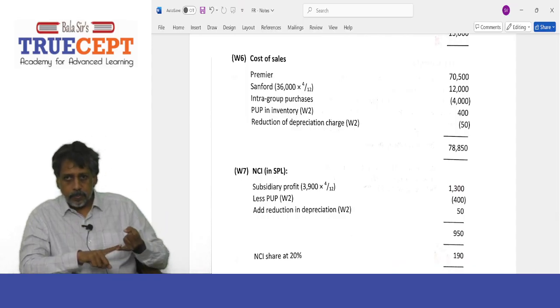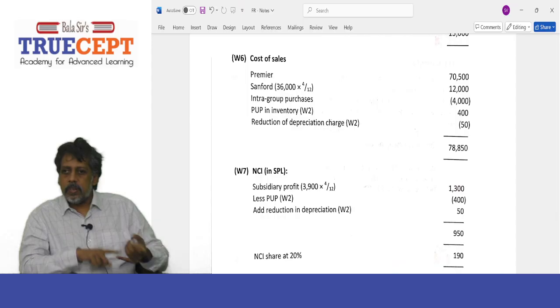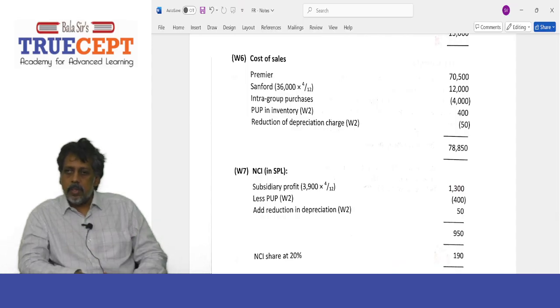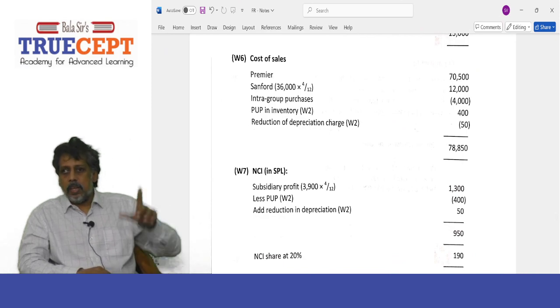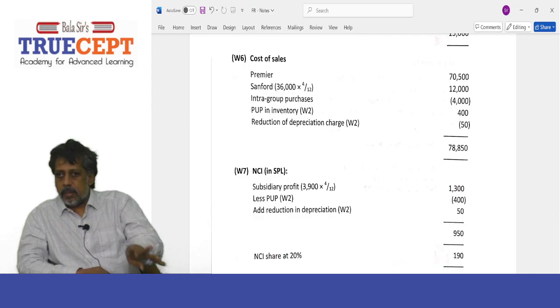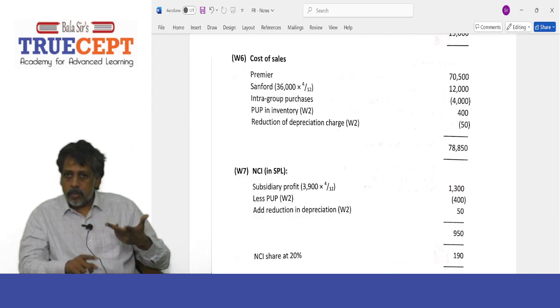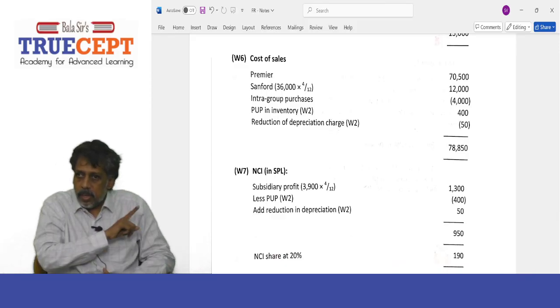Opening stock plus purchases plus all other expenses incurred for manufacturing goods minus any closing stock, right? What do you study in cost accounting? Same thing. Your sales will include $4,000 intra-group sales, and my purchases will include $4,000 intra-group purchases, which can be eliminated.